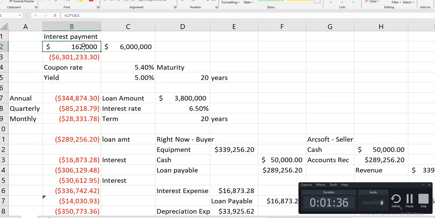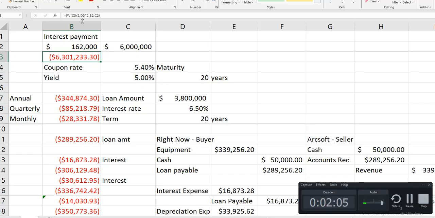But absent any default in this scenario, we're going to figure out, based on a yield of 5%, what this would be worth. So this is the formula, present value. We're going to take the yield and divide by 2, half of that because it's for half the year.